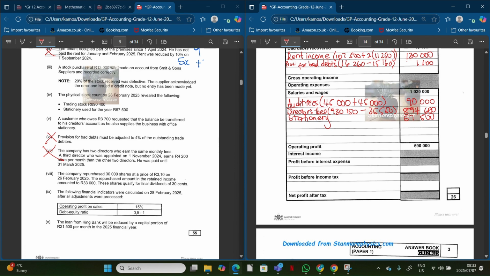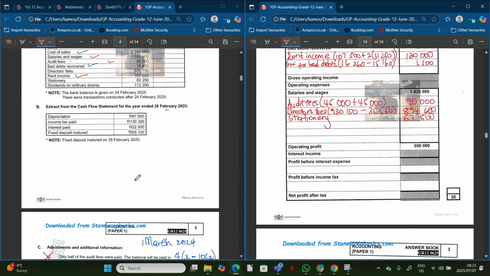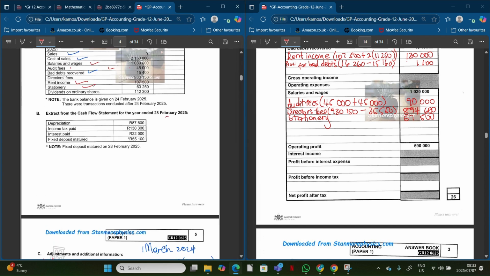Then now, let's just see if maybe there are more, because from here, obviously, stationery is the last one. Dividends on ordinary shares is not part of the income statement. So the next one that should come up should be depreciation, because you see it is taken out from the cash flow statement on the 28th of February. So it's still part of it, right?